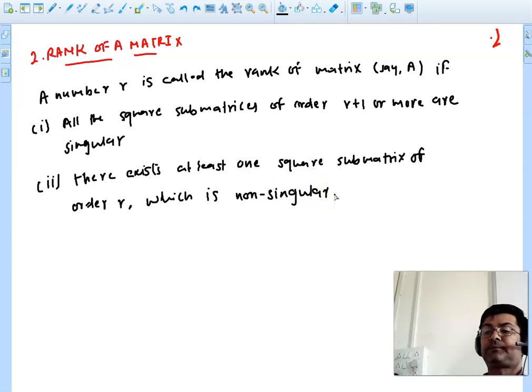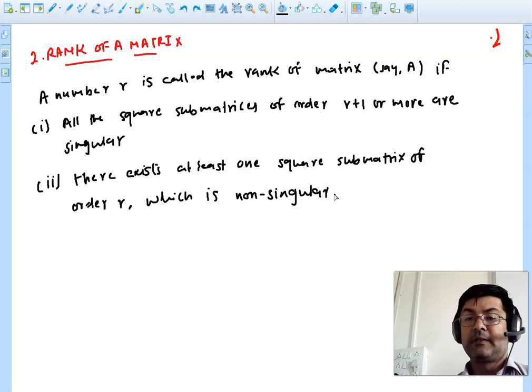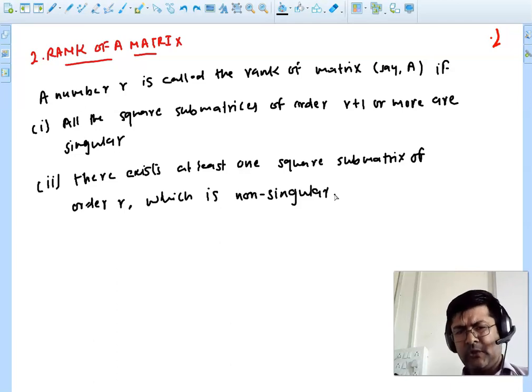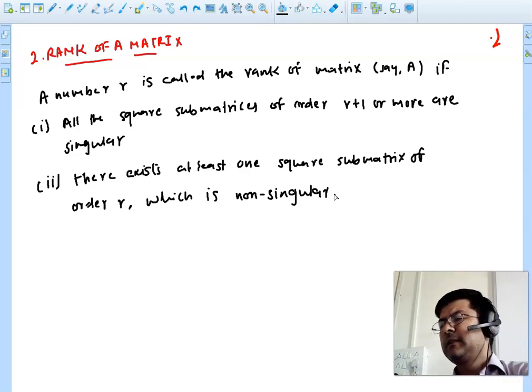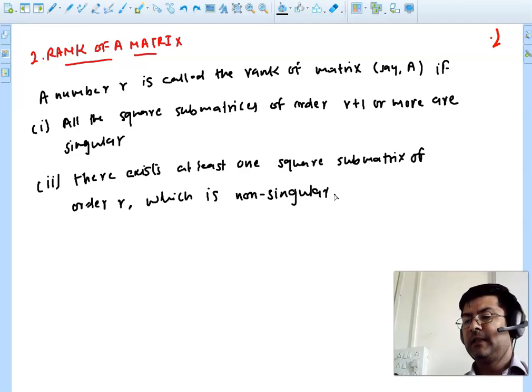In other words, if the two conditions are satisfied, then only we can say that r is the rank of a given matrix A.